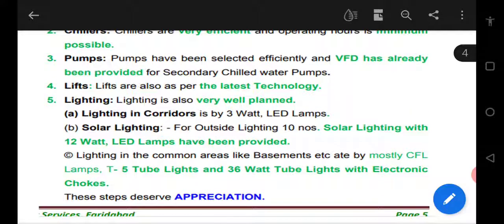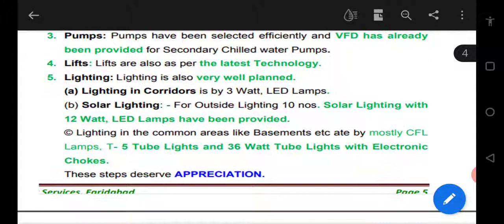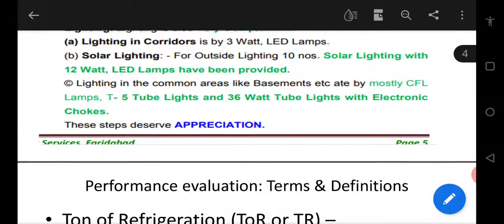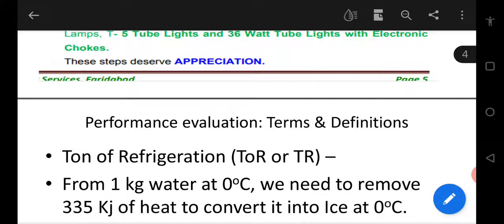Again, here VFD comes into the picture. And lighting also, they use LED lamps and solar lamps. But they still have some 36 watt tube lights and T5 lamps, and they have advised to replace these 36 watt and T5 tube lights with energy efficient LEDs. No big recommendations.